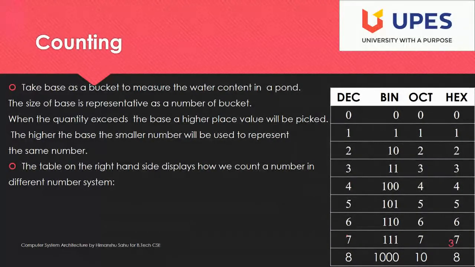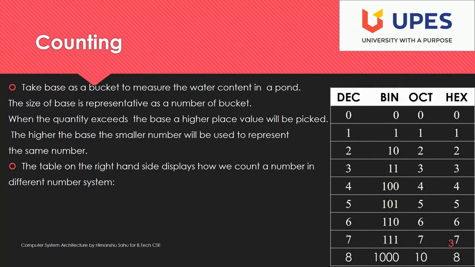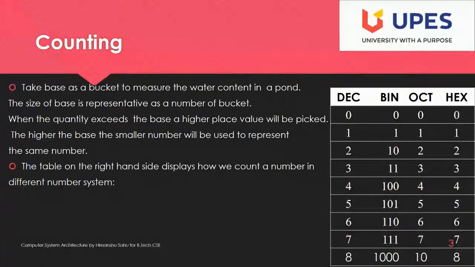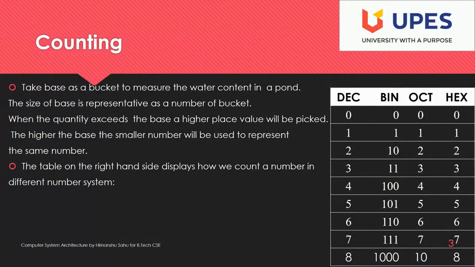The counting principle simply says take a bucket out of the pond and count it as 1, take another bucket, count it as 2, take another bucket, count it as 3, something like this. This is the basic counting principle. Now suppose you take a big bucket, the number of buckets will be smaller, and if you take a small bucket, the number of buckets will be larger.